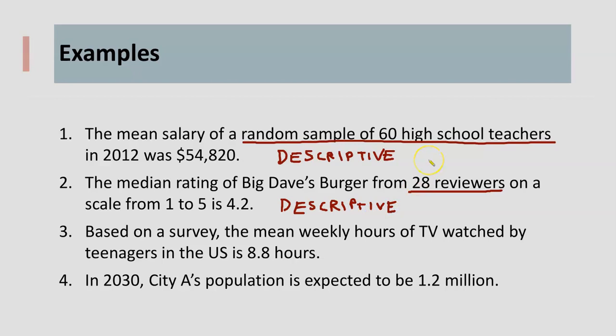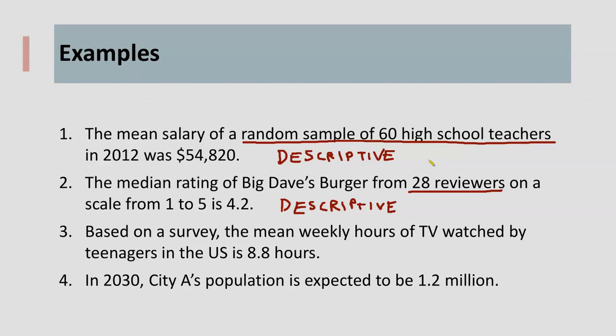Third example, based on a survey, the mean weekly hours of TV watched by teenagers in the US is 8.8 hours. Now, I think this one's kind of tricky. For one thing, it says based on a survey, and that may make you tempted to say, well, that's from a sample, so I'm going to put descriptive.